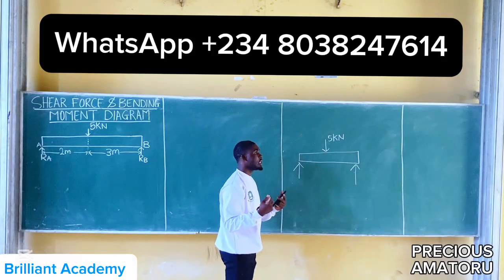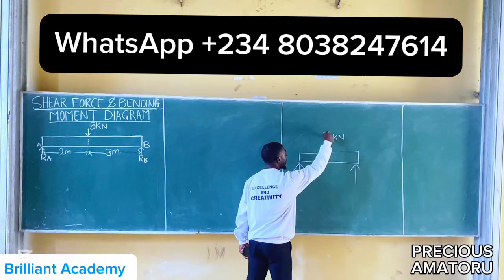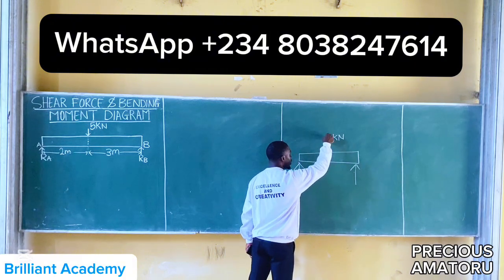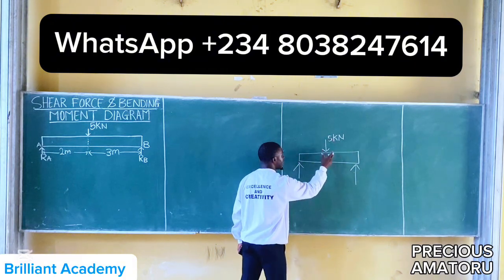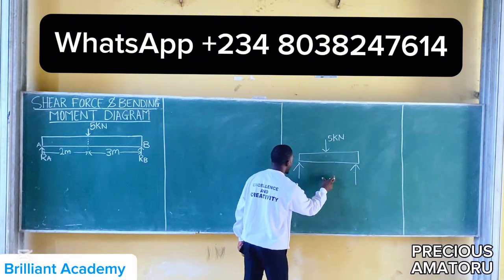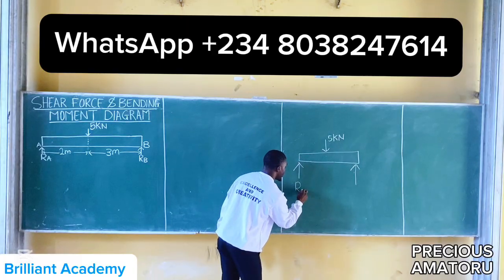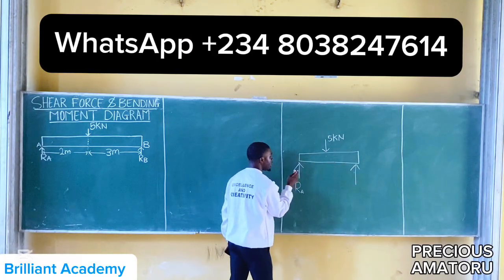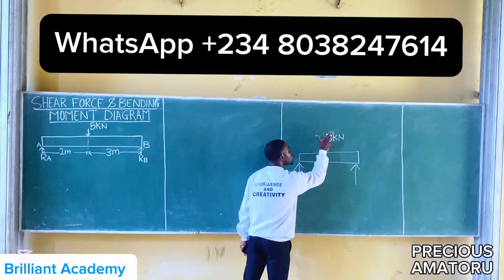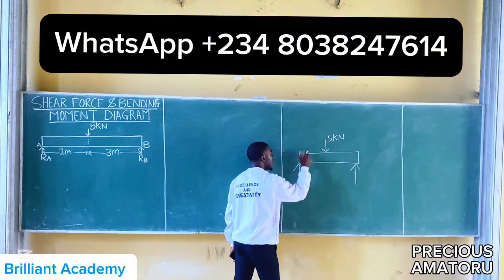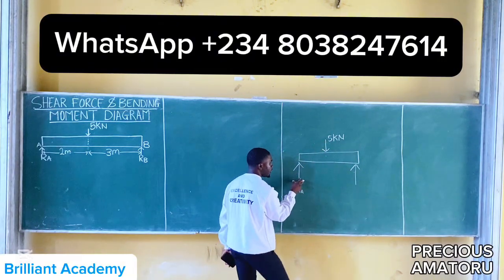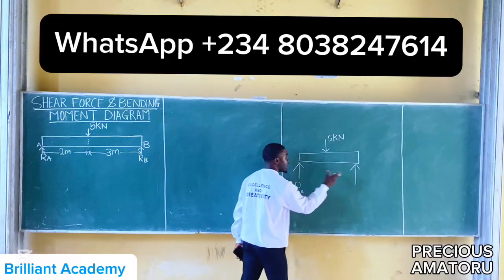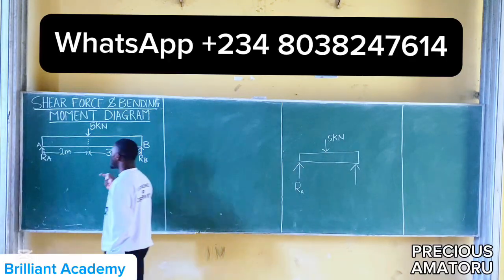So the idea there is that when we apply load to the beam, this load tends to pull the beam downward, and then there will be reaction forces, like these two supportive system will want to oppose this other force. So thereby, you're going to get a resultant force or reactive force here and here. So let's go back to our question.